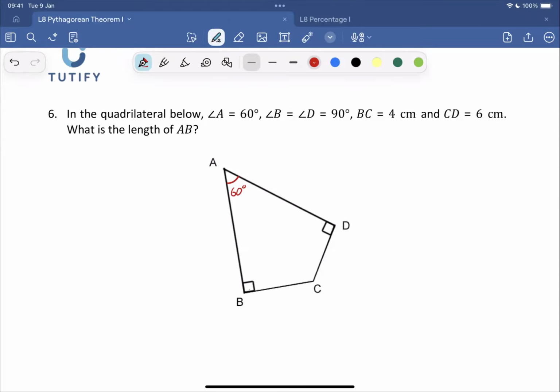B equals D equals 90, so they told you that these are right angles. Then you have BC is 4 centimeters, CD is 6. What is the length of AB? I know a lot of you would have the urge to do this. Ta-da! This is what you want to do, right?